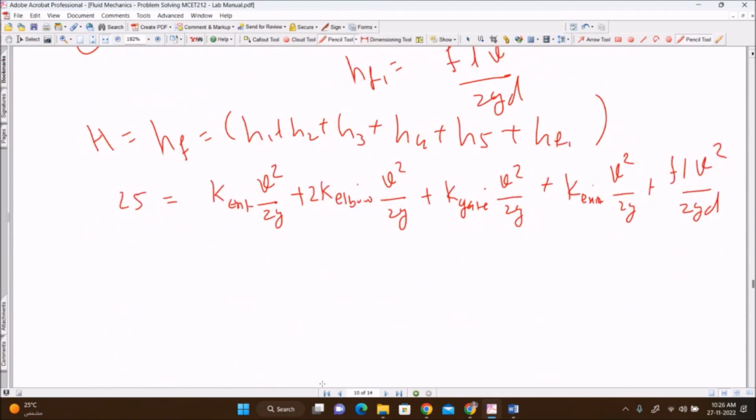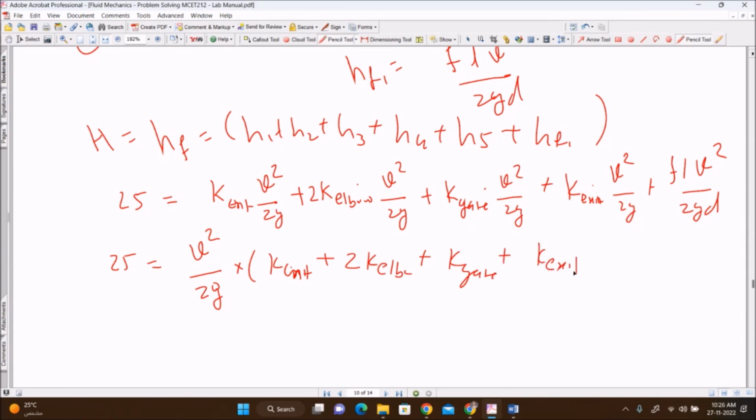I don't know V, so I can take V square common. So 25 is equal to V square by 2G into bracket K entrance plus 2K elbow plus K gate wall plus K exit plus FL by D. So put the values.